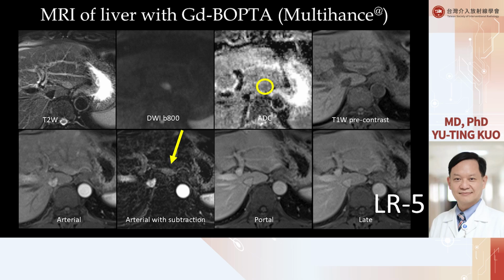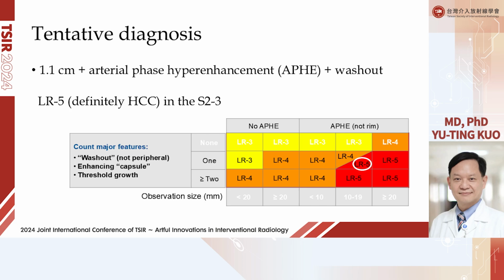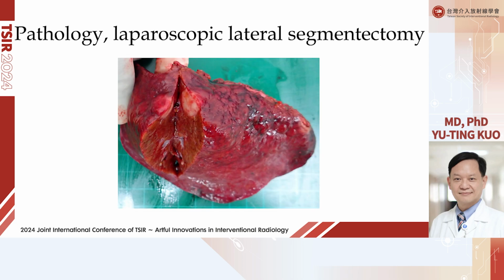You can see the lesion with T2 hyperintensity, diffusion restriction, decreased ADC on the ADC map, and arterial phase hyperenhancement, with washout in the portal venous phase, and also washout appearance in the late phase. So again, it's a LIRAD-5 lesion. According to this table, you can categorize this patient as LIRAD-5 because of washout appearance, although the tumor is smaller than 2 centimeters in diameter.